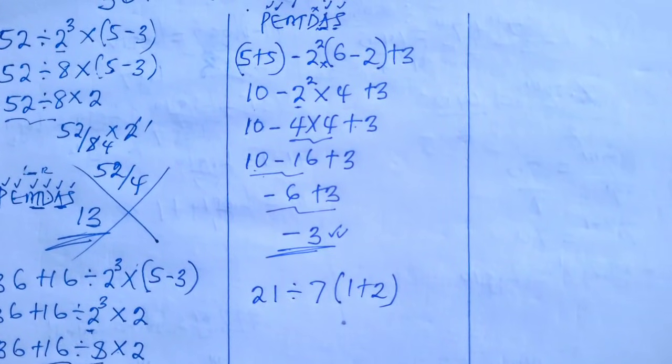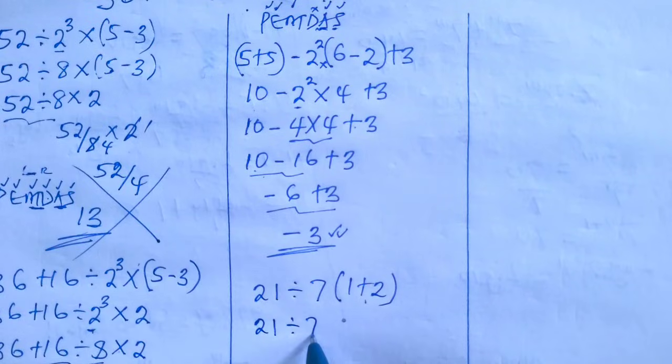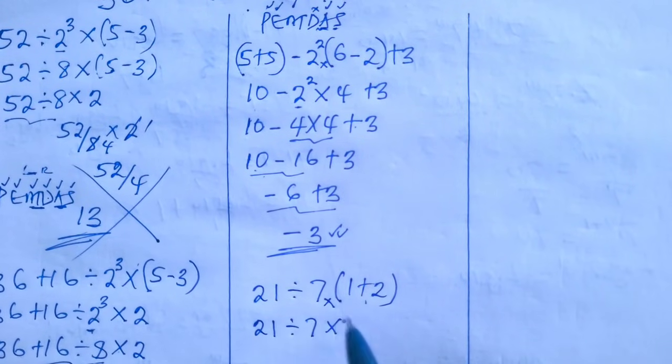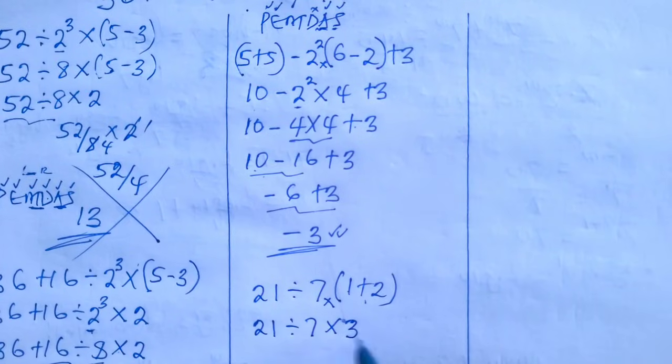First of all, you need to consider the parentheses. As from all examples, simplify the terms inside the parentheses, and the expression becomes 21 divided by 7, then multiply, because we have multiplication here, by 3, since 1 plus 2 gives us 3.